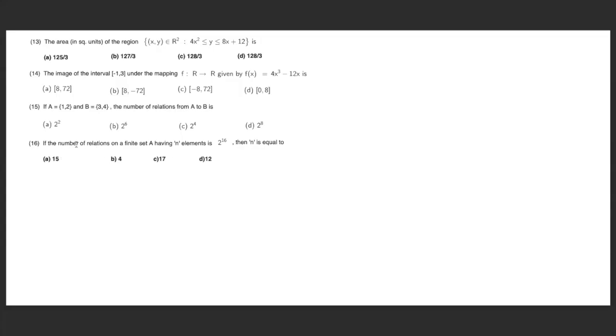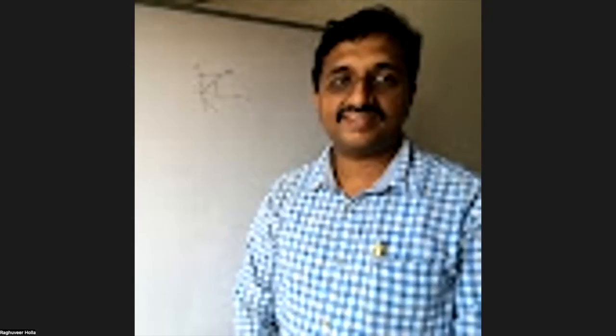If the number of relations on a finite set A of n elements is 2 to the power of 16, what will be the value of n?